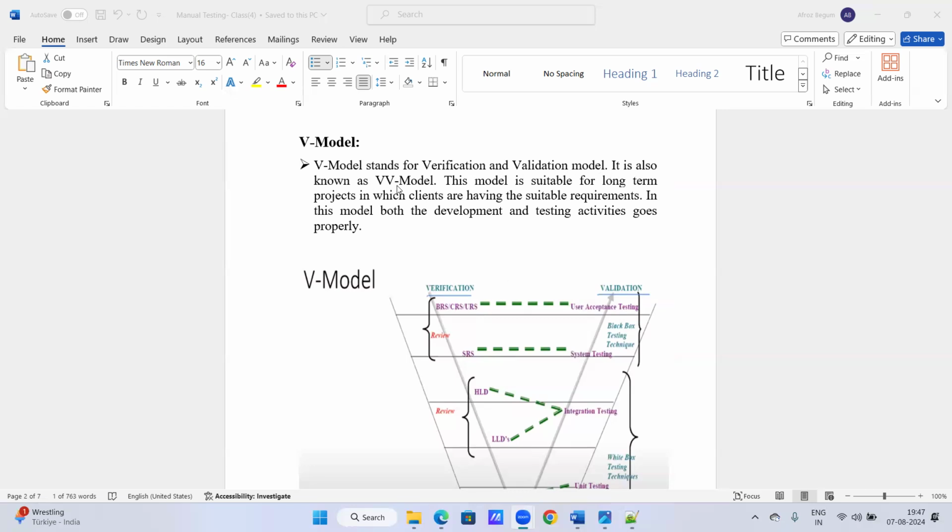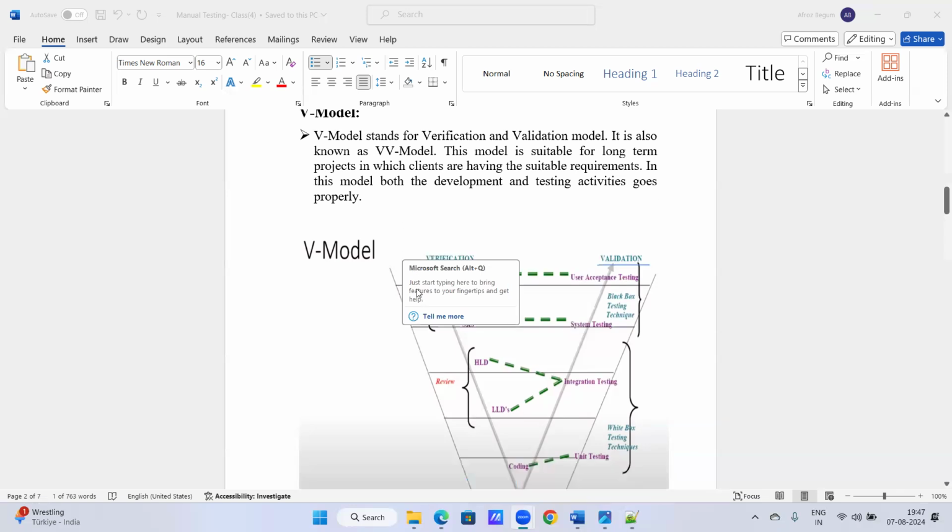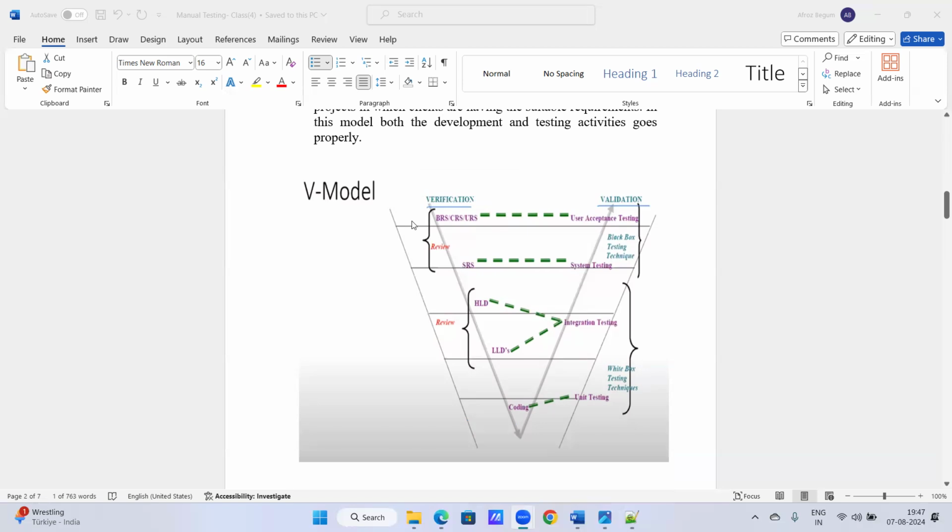So it is also known as the VV model. This model is suitable for long-term projects in which clients have stable requirements. In this model, both the development and testing activities go parallelly, right? So here verification, here validation. For example, if you are a designer and I am a tester, we work parallelly, meaning you are working and I am also working.